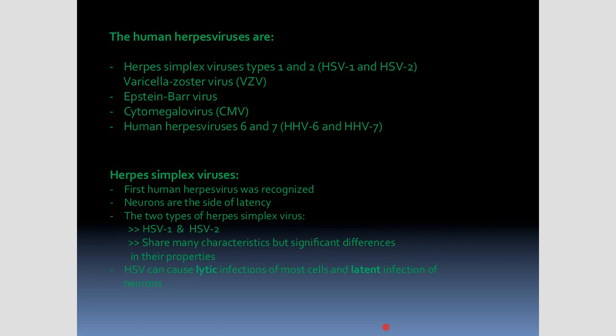I'm also going to talk about varicella zoster virus, and a little bit of Epstein-Barr virus, cytomegalovirus, and some very specific viruses, human herpes 6 and 7. These are the ones you will see once you go into an infectious diseases rotation or medical ward.